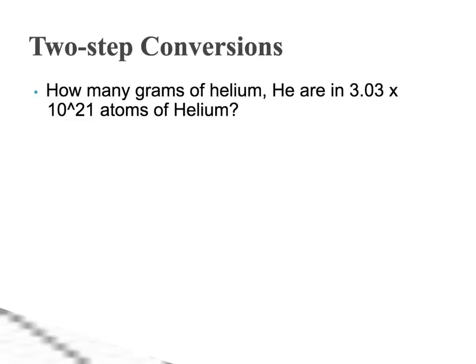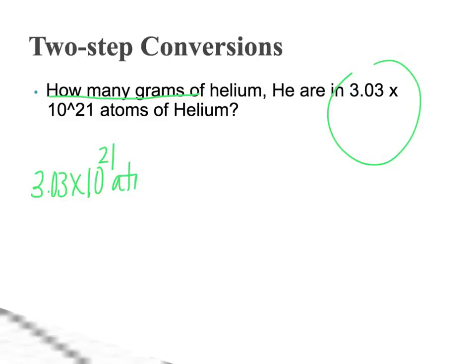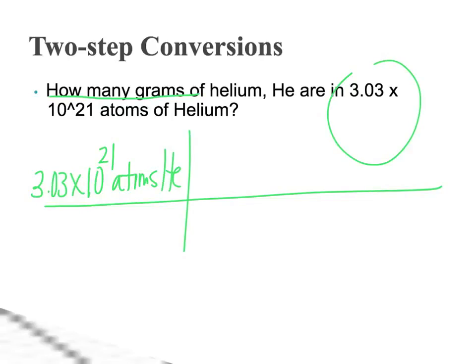Here we go, last problem for today. This time we're going the other direction. This time we're looking for grams, and we're starting with atoms of helium. So we want to start with that number right there, which is 3.03 times 10 to the 21 atoms of helium. Because we're starting with atoms of helium, we want to put atoms of helium on the bottom.